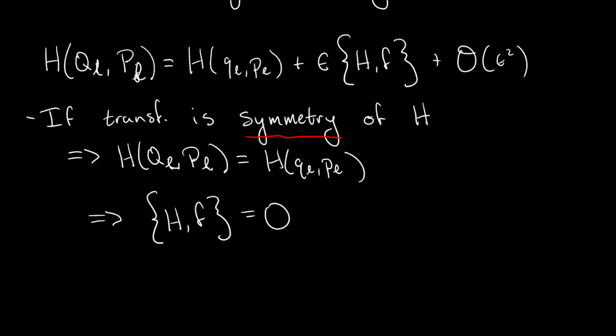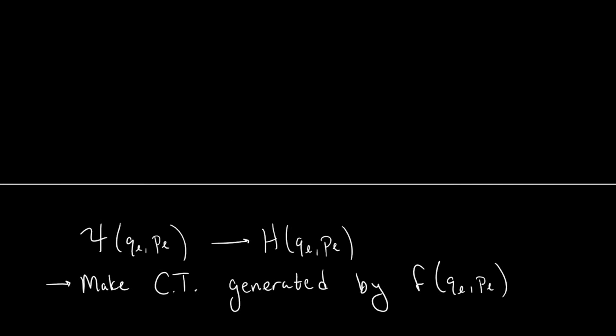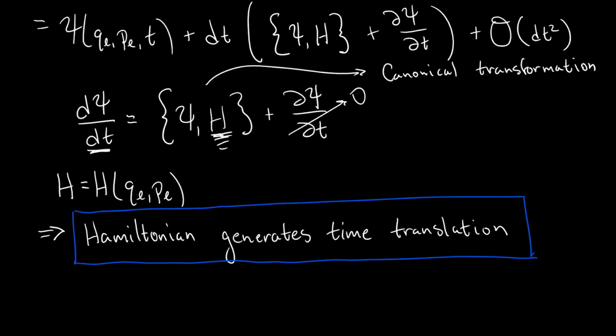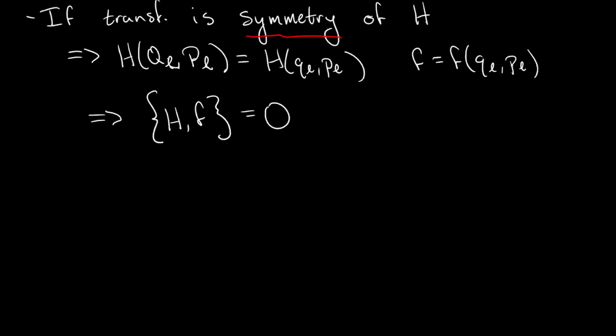But now remember, our f, our canonical transformation generator, is given just in terms of q's and p's. It's not given in terms of time, so it's not an explicit function of time. Which means that when I have this Poisson bracket between f and h, this term is going to drop out, and so it's just going to be exactly equal to the time derivative.